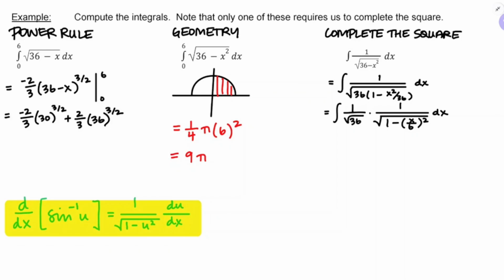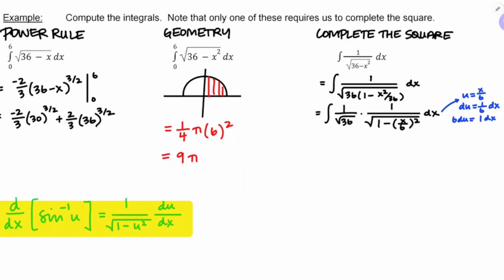I'm going to factor the 1 over the square root of 36 out the front of the integral. But first, u equals x divided by 6, du is 1/6 of dx, and that means that 6 du equals 1 dx. So now I'm going to factor out the 1 over the square root of 36 and write that as 1/6.